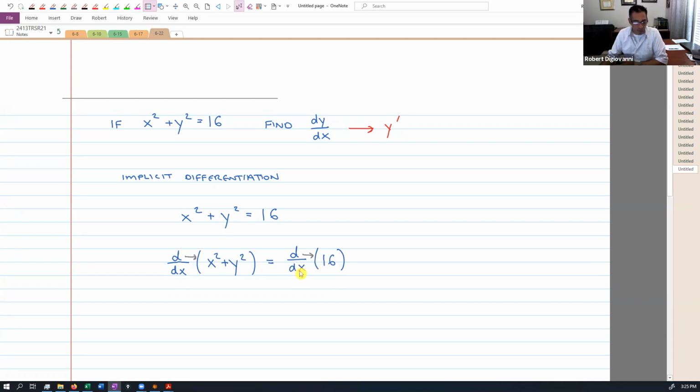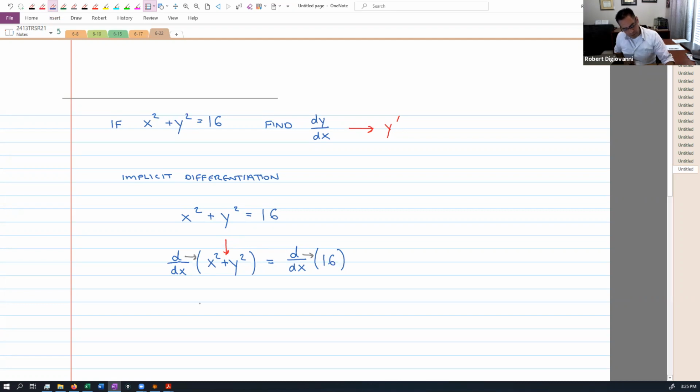All right, now, on the left side, we have plus, right? And anytime we take the derivative and we have plus, we can do them individually, can't we? We learned that about derivatives. If you have pluses, you do them individually.